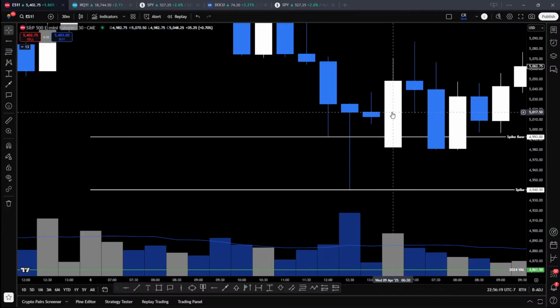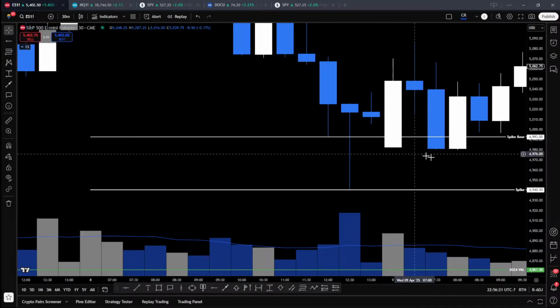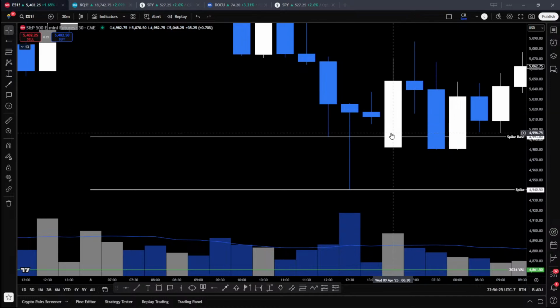So for the New York session here, we opened between the spike and the spike base, but then immediately went outside the spike base, right? If we open below the spike, this would be considered bearish. If we open between, slightly bearish. If we open above, it would be considered bullish. In this case, we opened between, but ended up going above the spike base.